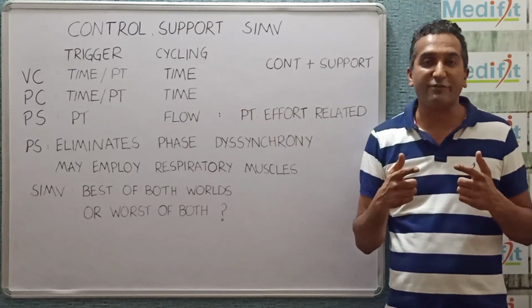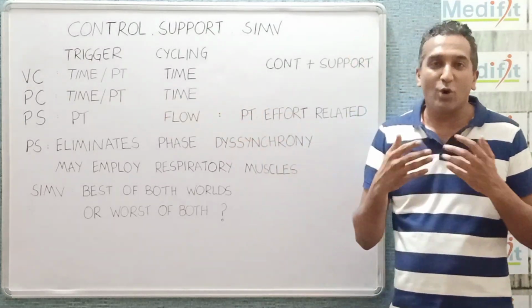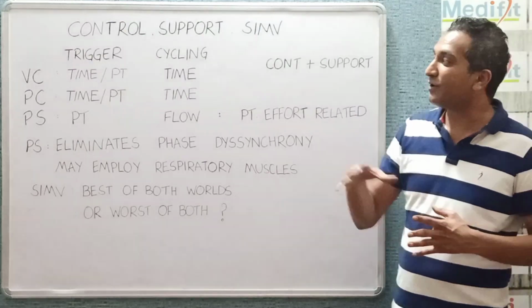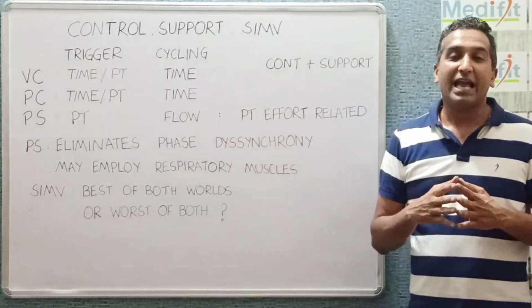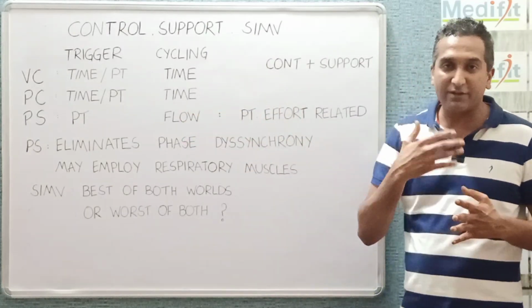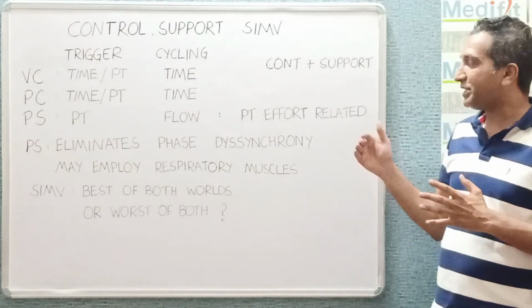So it is dependent on the effort. I sometimes say the pressure support mode can be considered as a patient controlled mode. So you have volume control, pressure control, and a patient control mode, because here the breaths will be started by an effort of a patient and they will be cycled depending largely on the effort of the patient.